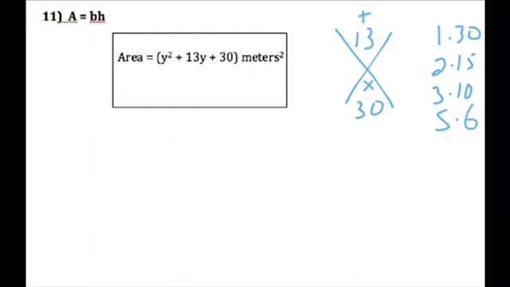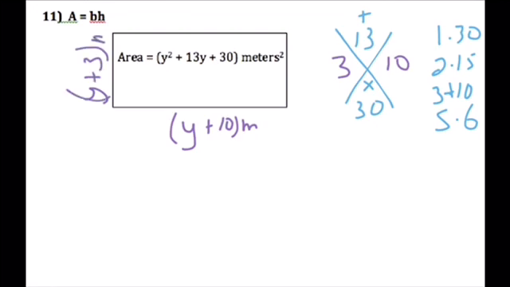Well, we can see that 3 times 10 is 30, and 3 plus 10 is also 13. So I know my two numbers are 3 and 10. So that means that this is going to be y plus 10 meters, and our height is going to be y plus 3 meters.